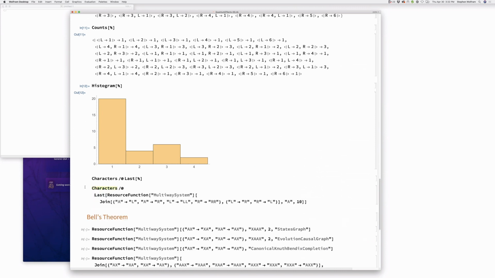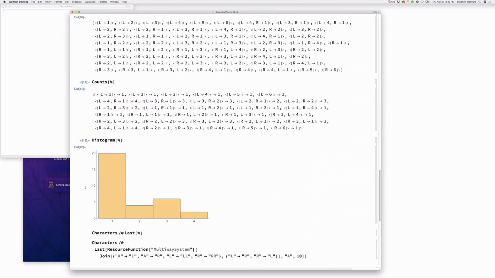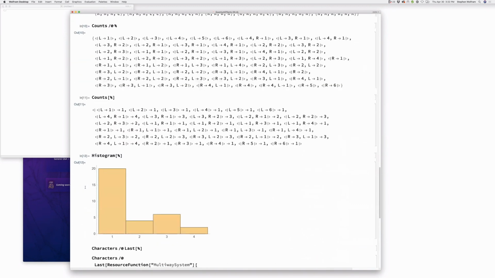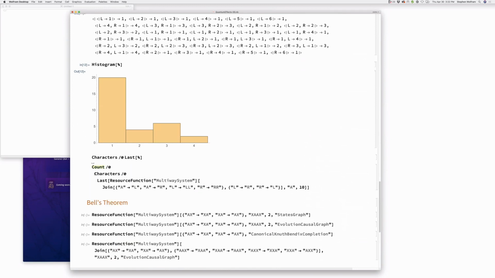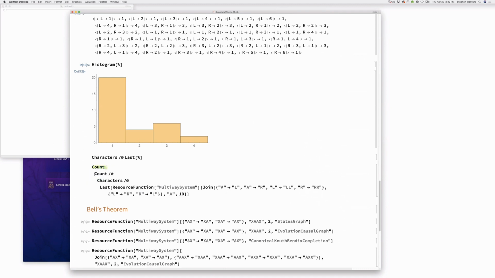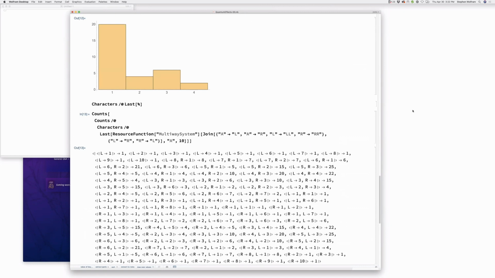And what do we do here? We mapped counts, and then we had counts here. Okay, and now we want to take the histogram of that.